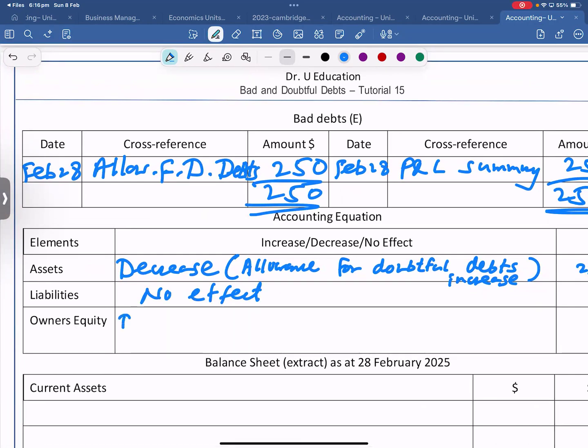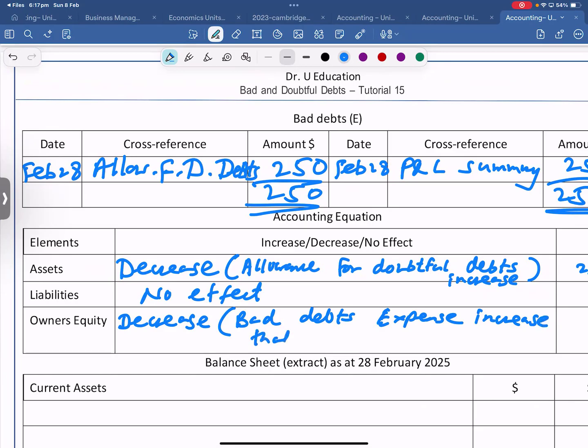Owner's equity decrease. Why is that, guys? Bad debts expense increase. That reduces net profit.